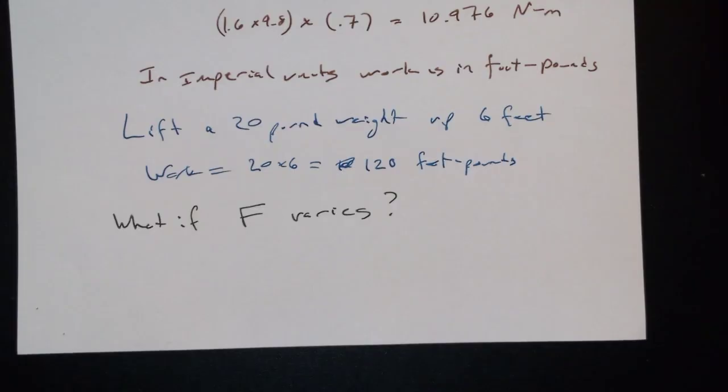So if I only move a little bit, my force is effectively constant there, right? And then I can just multiply. So if I took a little distance, there would be a very small change in the amount of force. I could say, okay, we'll pick some number in that distance, say this is the value of the force here.